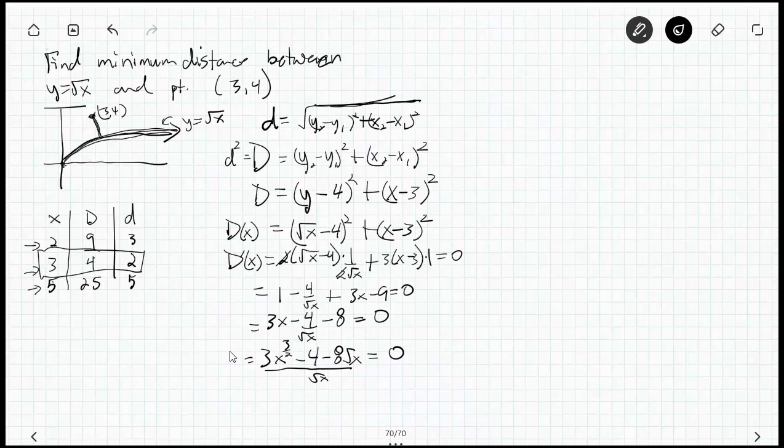Now, I'm going to cheat a little bit here. I'm going to pull out my graphing calculator and graph this so that I can find my critical values, because I wasn't very thoughtful when I came up with this point, and I turned this thing into a monstrosity. It would be a cubic, which would be ugly and horrible, but I do want you to look at one thing that's kind of cool. I know for sure that I'm going to get a critical value at x equals 0. That's because the denominator of this derivative is the square root of x. Why do we have x equals 0 as a critical value?